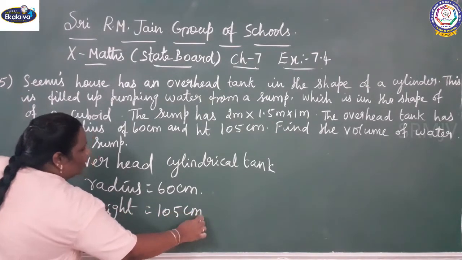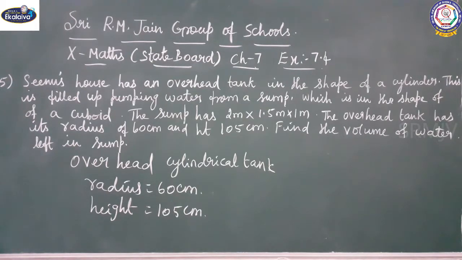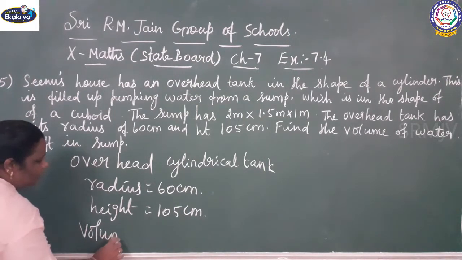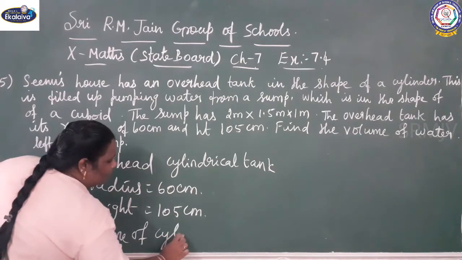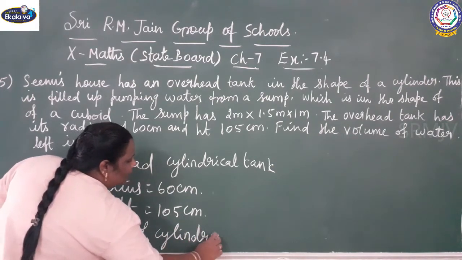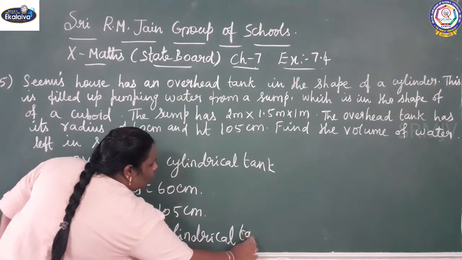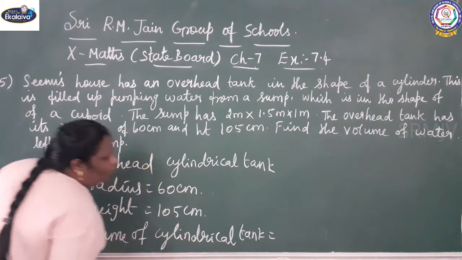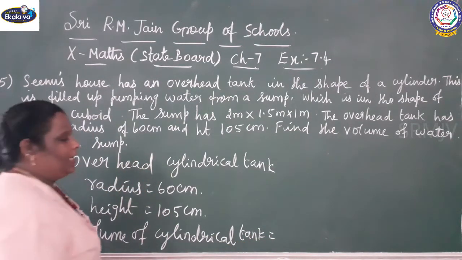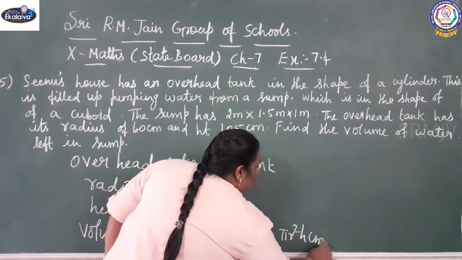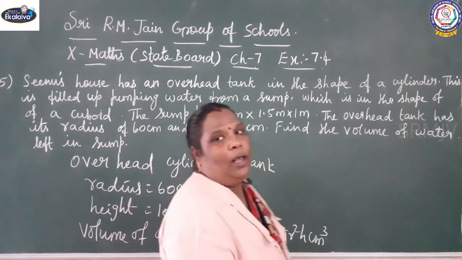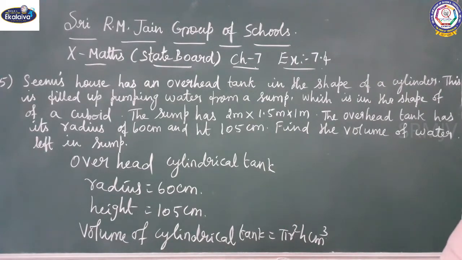What is the formula for volume of a cylinder? Volume of cylindrical tank equal to pi r square h, cubic units. So you can write centimeter cube.